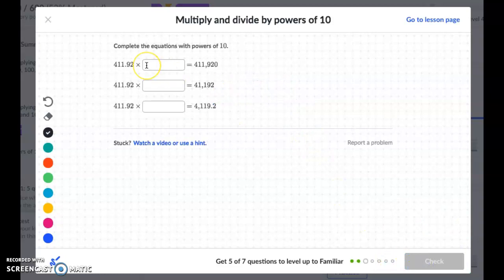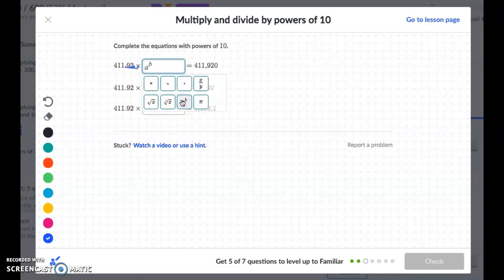Okay, and then again, now we're noticing how many times that decimal has moved. With 411.92 becoming 411,920, that decimal really moved 1 time, 2 times, 3 times, which means this needs to be 10 to the power of 3 because it moved 3 times.